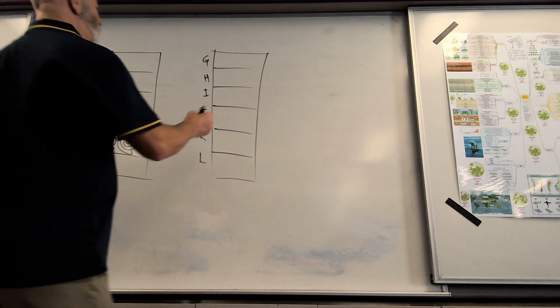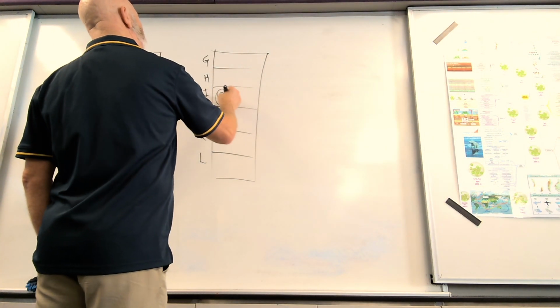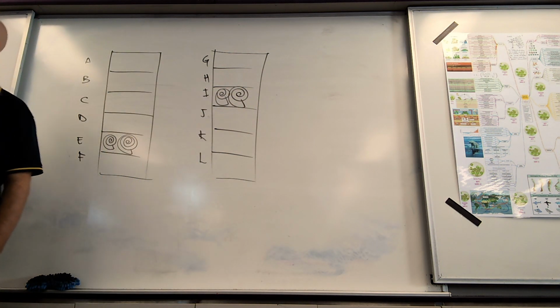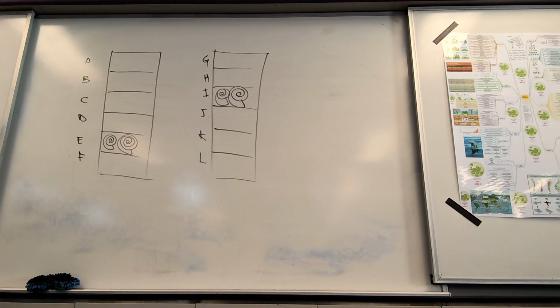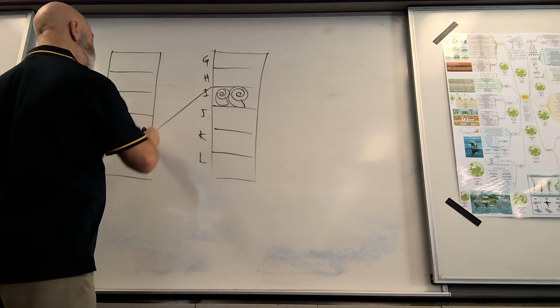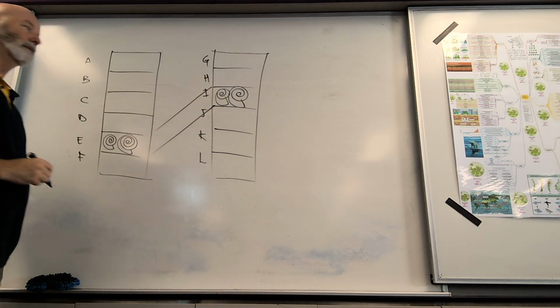We're going to find it in I. Okay? So the correlation of rock strata means we're going to correlate or match up layers with the same index fossils in them. So we can say that E is the same as I.